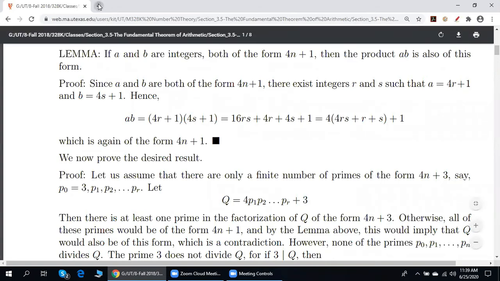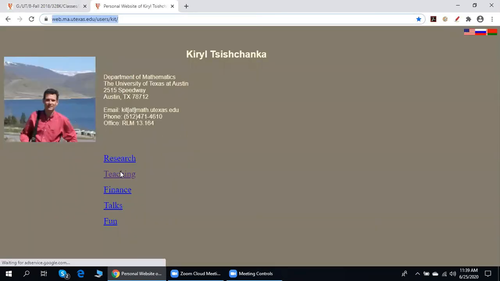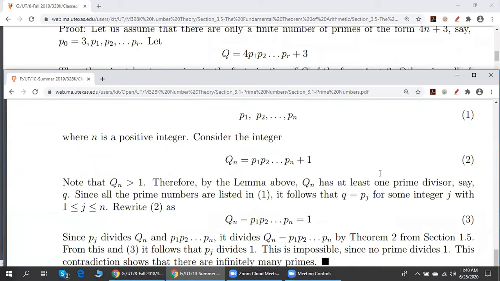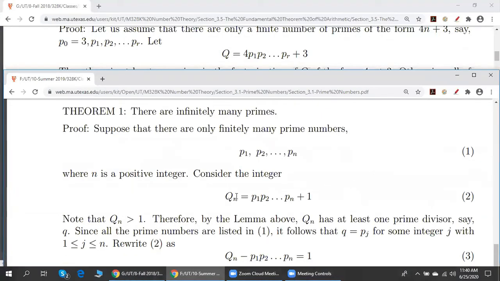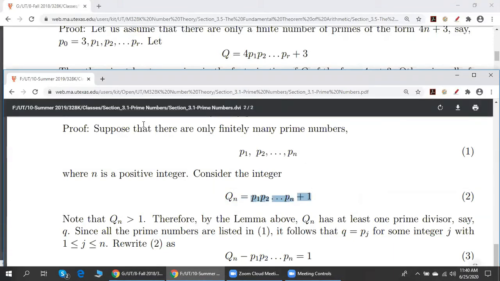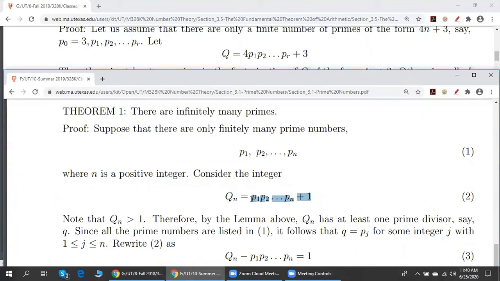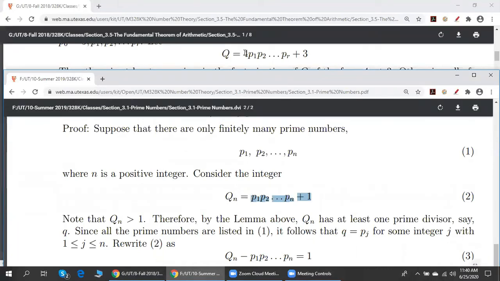Let us go back to one of our previous handouts over here. Folks, please take a look. Please compare this. We used this construction in order to prove that there are infinitely many prime numbers. Compare this with this.